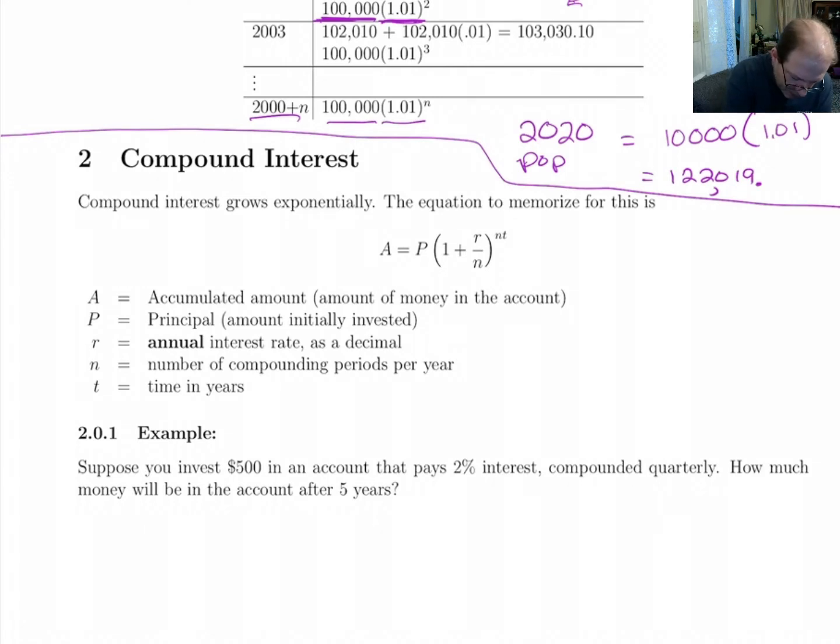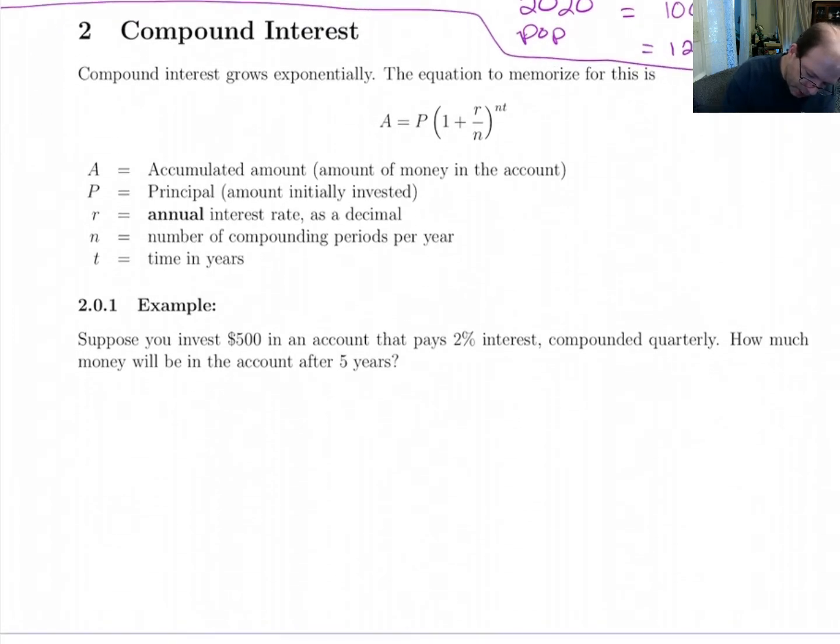So this is going to need a little bit of explanation about how you deal with the number of compounding periods. Let's do this example. Suppose you invest $500 in an account that pays 2% interest compounded quarterly. Okay, so what it means when they say compounded quarterly is that instead of giving you 2% all at once, at the end of each quarter, they give you 1/4 of this.